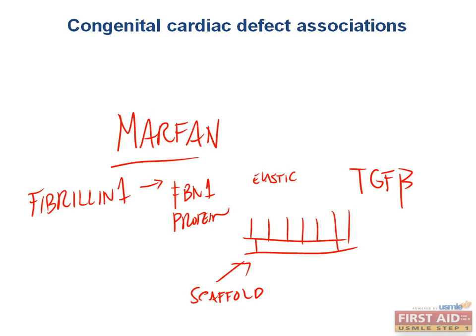Doesn't matter really. Just remember that you need the fibrillin 1 protein to act as a scaffolding for holding the extracellular matrix together, particularly elastin, and also you need the fibrillin 1 protein to bind and inhibit TGF-beta in order to keep it from going crazy and sending continuous growth signals.